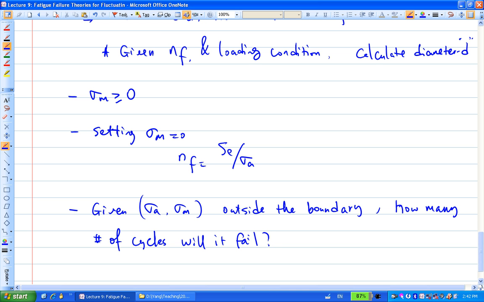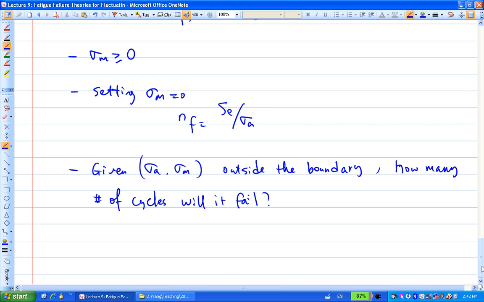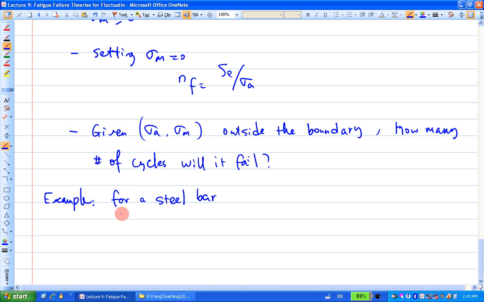This is what I do here. I'll use an example to illustrate this point. So let's say we have a certain kind of loading condition here, a steel bar, and we were given sigma max is 60 ksi and sigma min is negative 20 ksi.